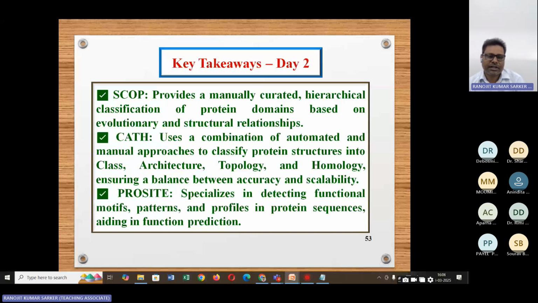Also today we discussed the PROSITE secondary database, how we can get PROSITE patterns. And we have used the MEME and MAST algorithms to detect motifs present in our sequence of interest.